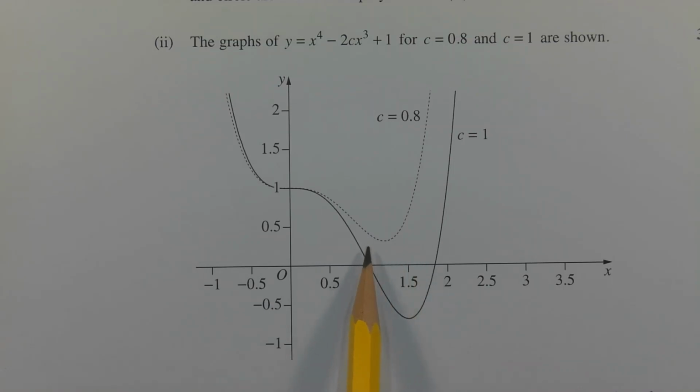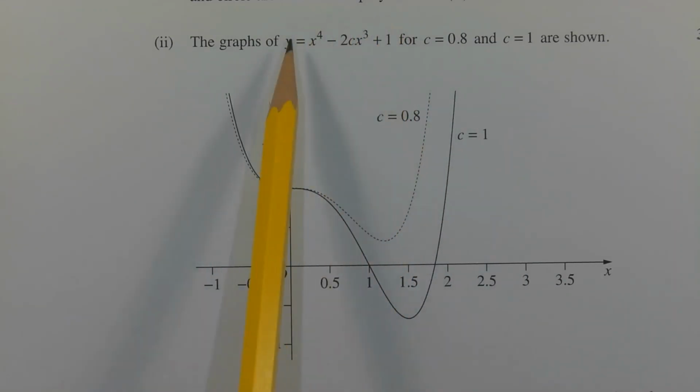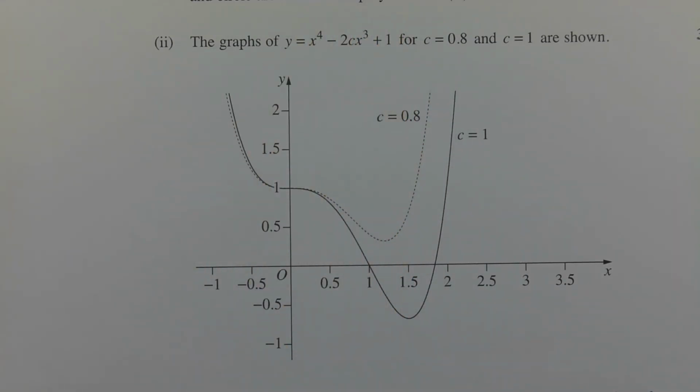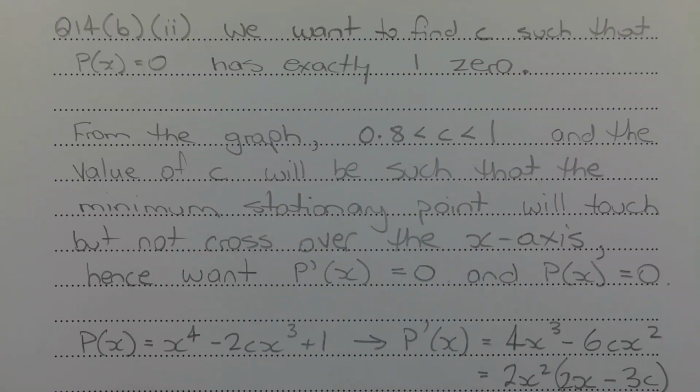Now, being a stationary point, what we're looking for is the value of the first derivative of x to the power of 4 minus 2cx cubed plus 1 to equal 0, but we also want the value of the function itself to also equal 0. We want to find c such that the equation p of x equals 0 has exactly one zero, which corresponds to exactly one point of intersection of the graph with the x-axis.